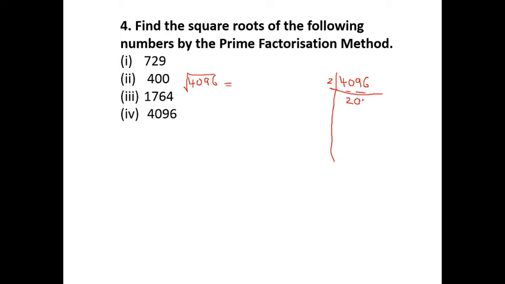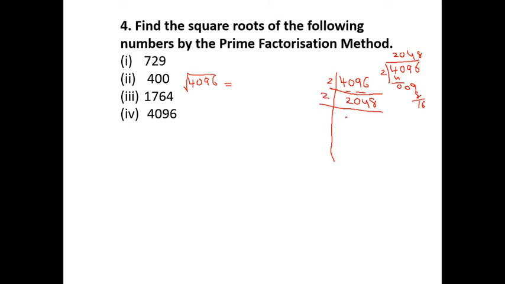2 2 is 4, 2 4 is 8, and 2 8 is 16. So 2048, how is it possible? 4096 divided by 2: 2 2 is 4, here 0, again I put 0, here 9, 2 4 is 8, again 16, 2 8 is 16.